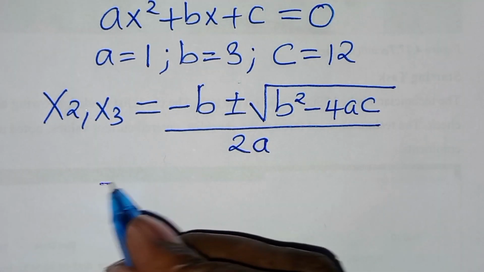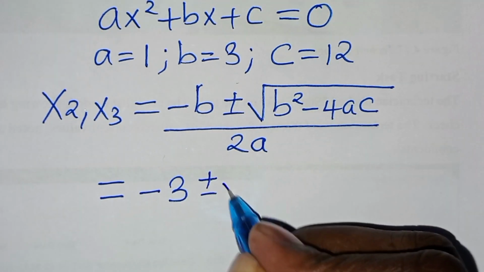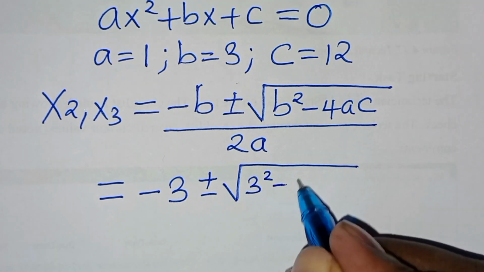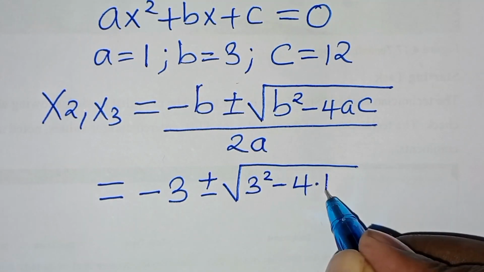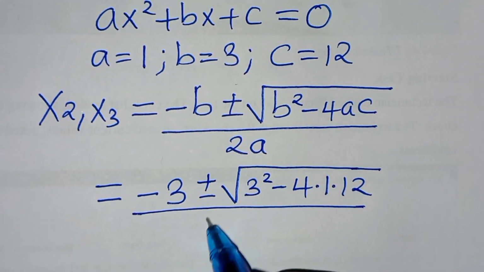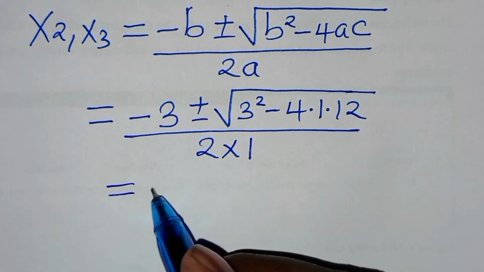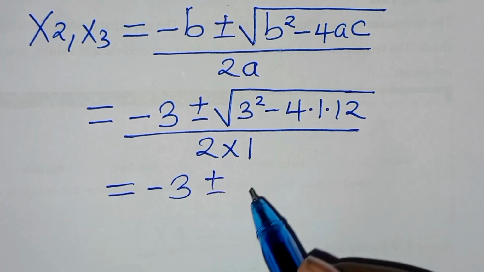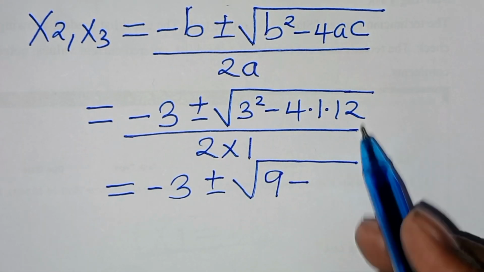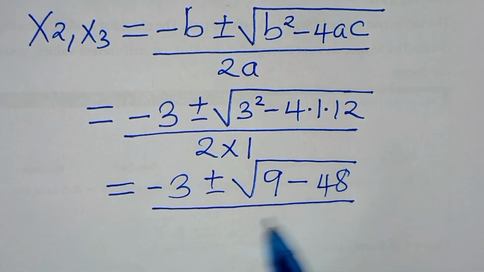So here we have minus 3 plus or minus the square root of b squared, which is 3 squared, minus 4 times a, which is 1, times c, which is 12, all this divided by 2 times a, which is 1. So here we have minus 3 plus or minus the square root of 3 squared, this is 9, minus 12 times 4, which is 48, all this divided by 2.